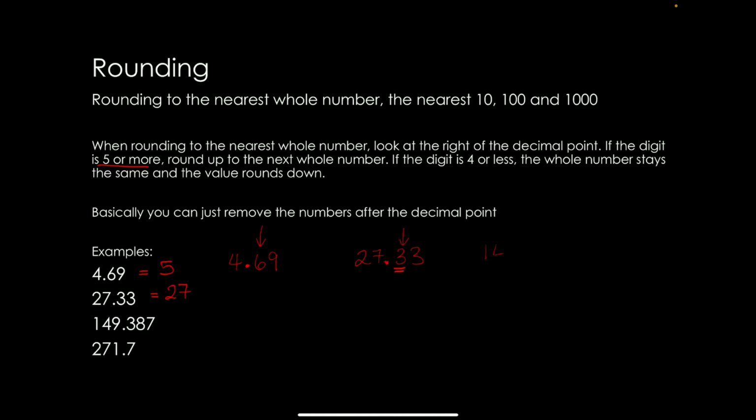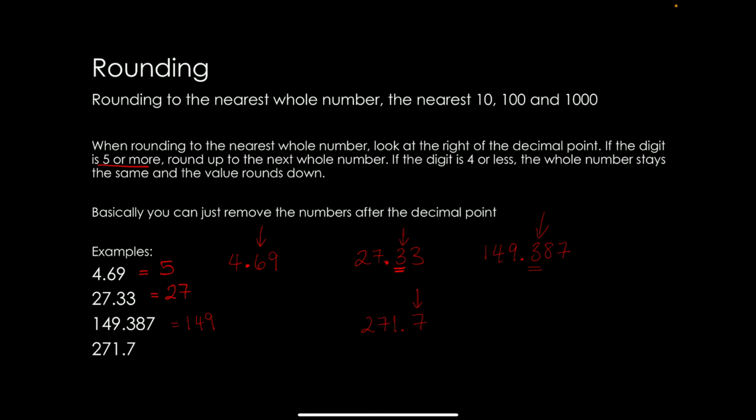Looking at 149.387, again we look at the digit to the right, which is the 3. That's 4 or below, so we leave it as 149. Finally, we've got 271.7. We look at the number to the right of the decimal point.